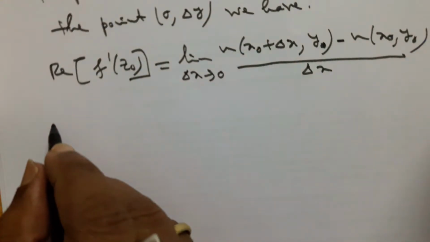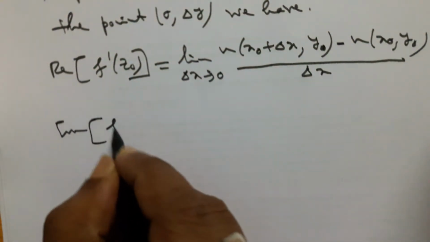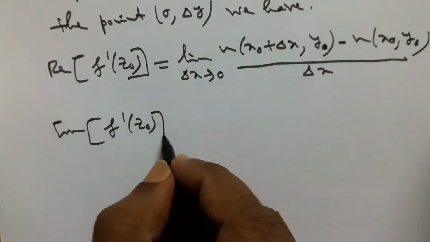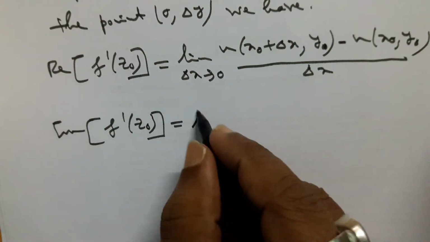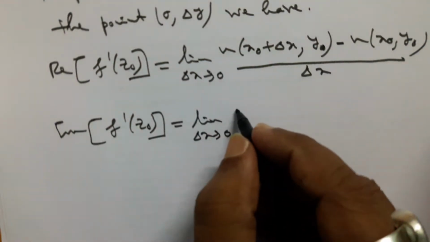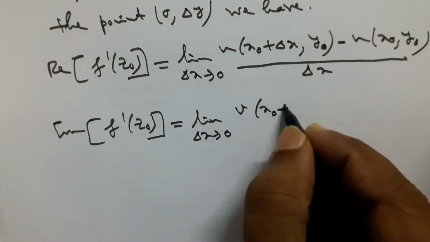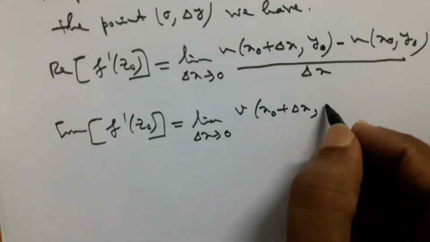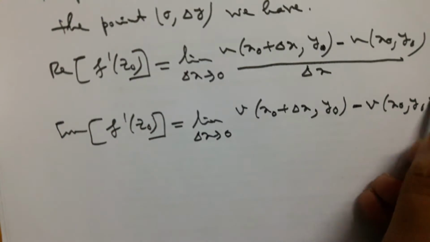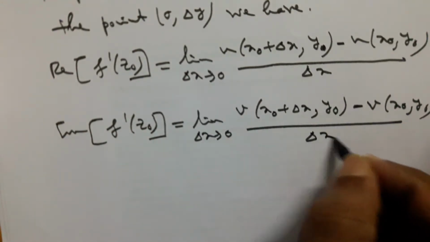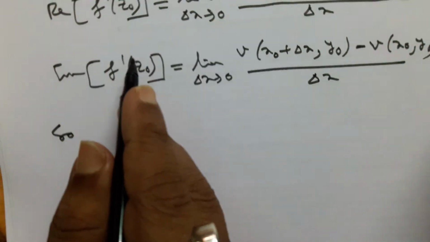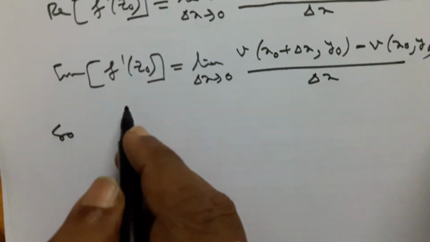And the imaginary component of f dash z0 for the second case is the limit as del x tends to 0 of v of x0 plus del x, y0, minus v of x0, y0, divided by del x. So we get the real part and the imaginary part.